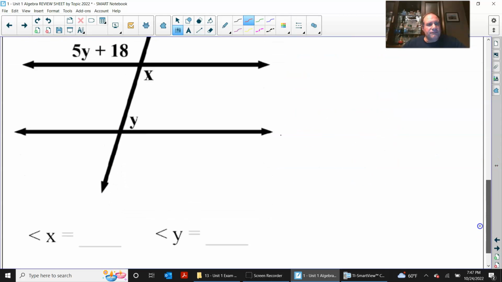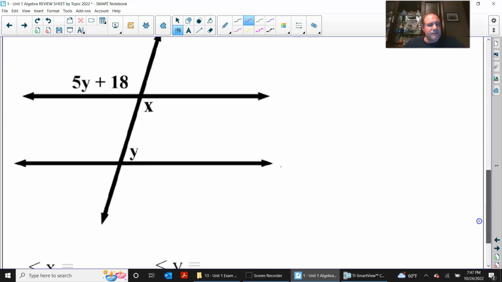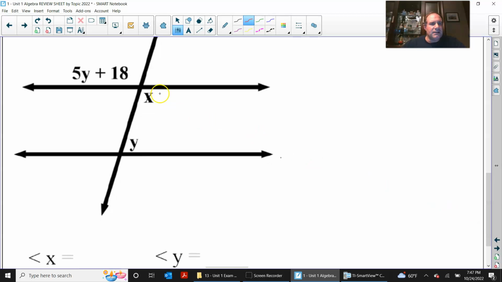Taking a look at this right here, they want the measure of angle X and angle Y. This is a little bit of a tricky problem, but this right here is given, so is this, and so is this.